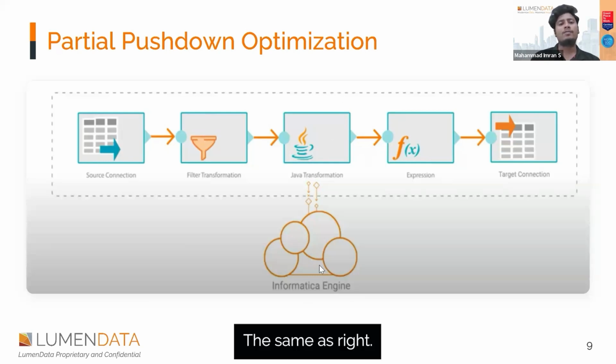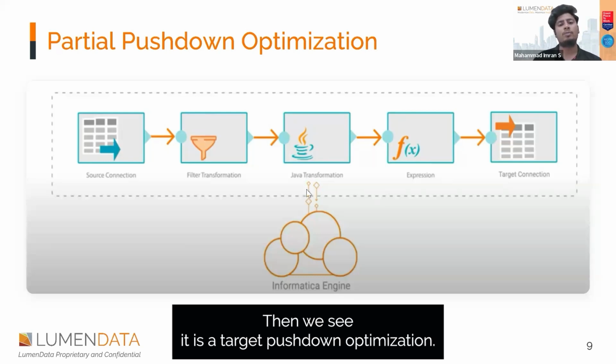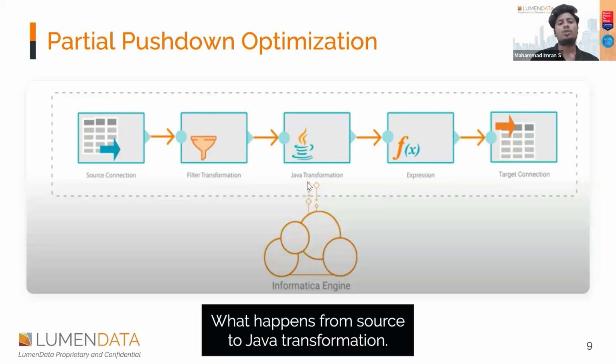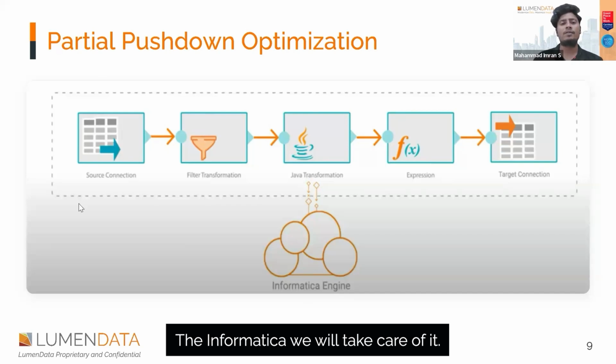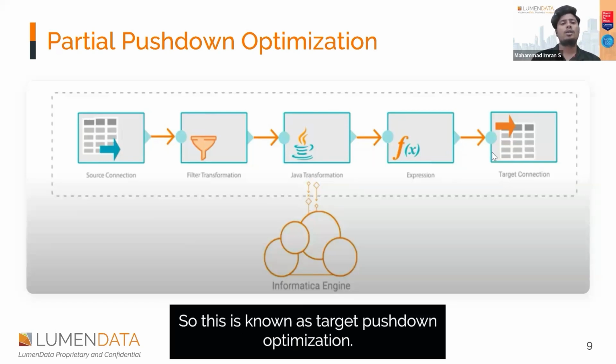And similarly, we have target pushdown optimization. When we say target pushdown optimization, from the source to the Java transformation, Informatica will take care of it, and the remaining part will be taken care of by the relational database. So this is known as target pushdown optimization.